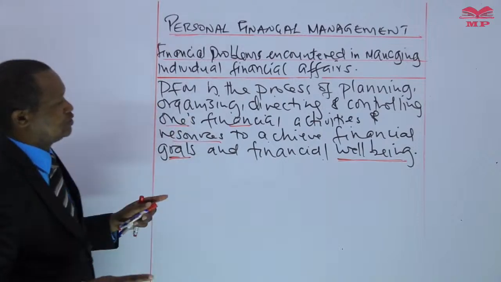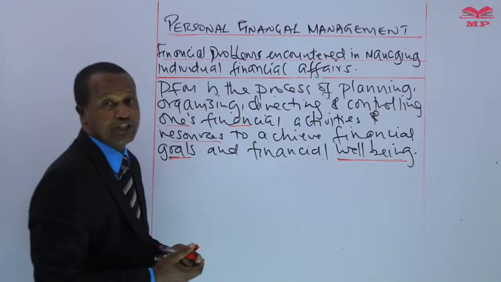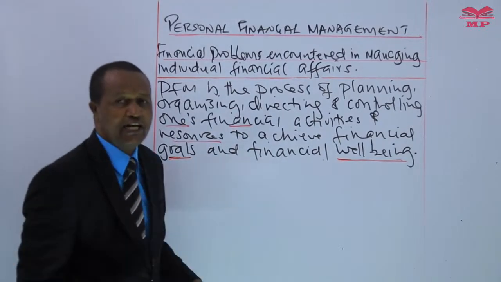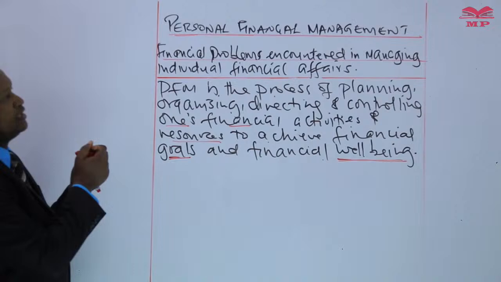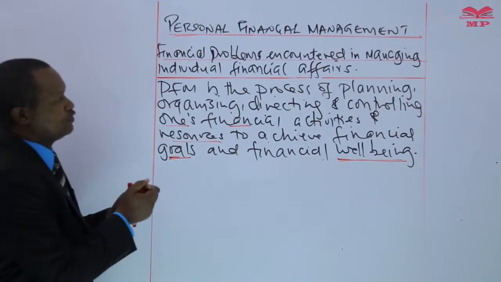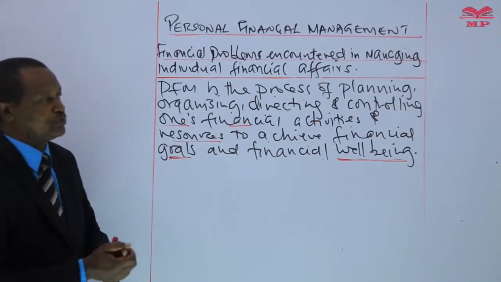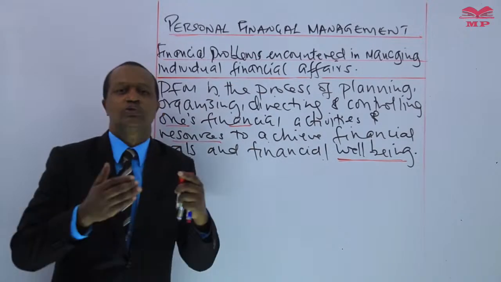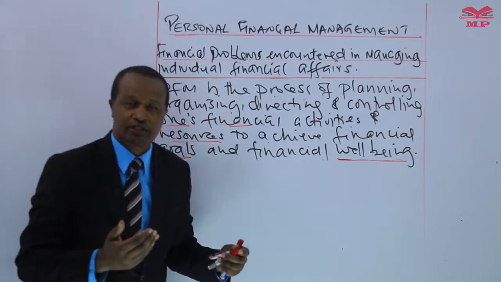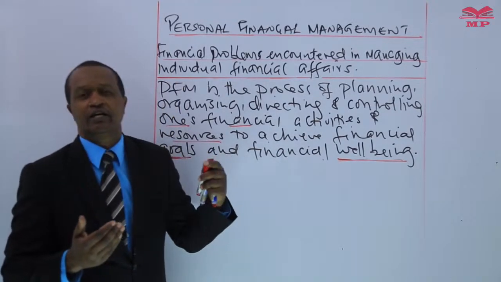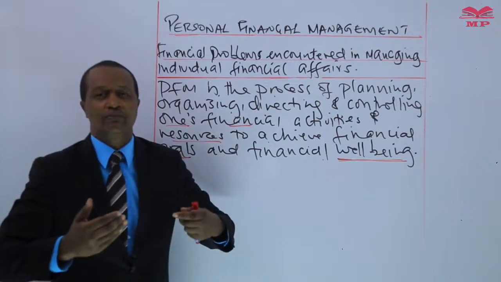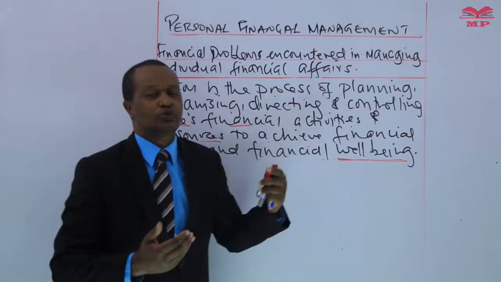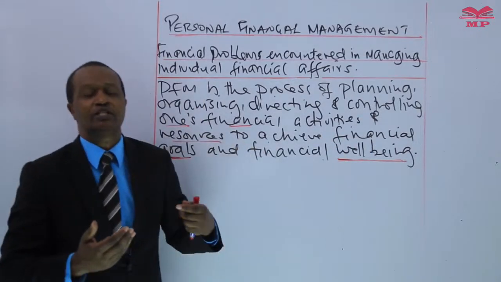Now, in this lesson, we are required to look at individual financial affairs. What problems do we encounter as human beings in managing individual financial affairs? We all know, candidates, to survive in our world, we need to meet certain needs, which come at a cost. The things that we need in life, we may not have them, but they may be possessed by others. So to get these things from others, we need to pay for them.